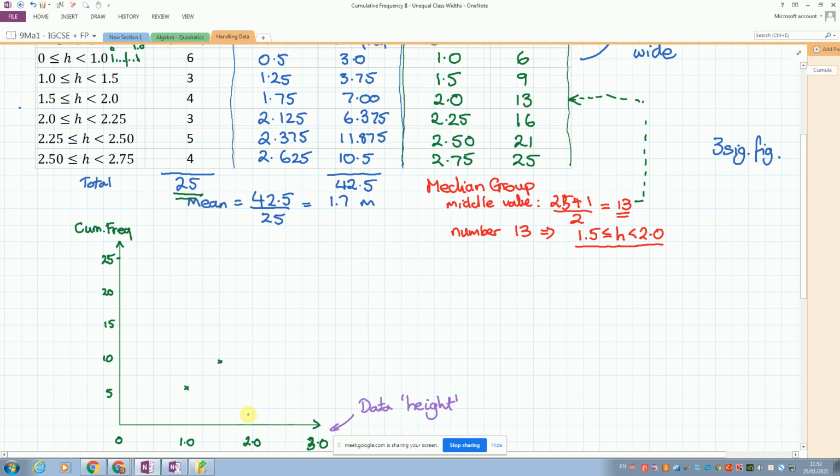At 2.0, I've had 13. So I'm plotting these quite accurately under here. At 2.25, I've had 16. At 2.50, I've had 21. And at 2.75, I've had all 25.